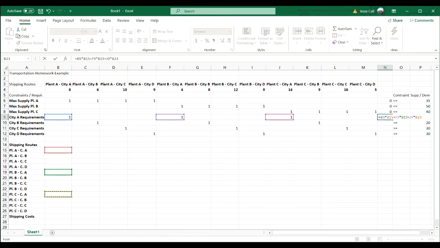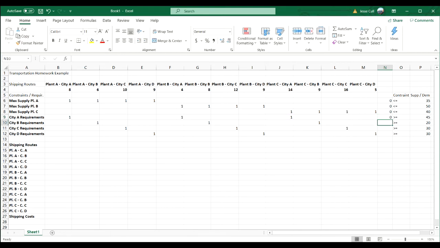That's what we've done here. So if we see here, plant A, city A, plant A, city A, plant B, city A, plant B, city A, plant C, city A, plant C, city A. We hit enter, 0. Repeat again.